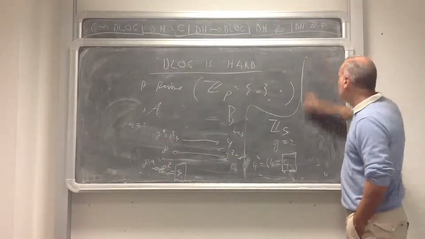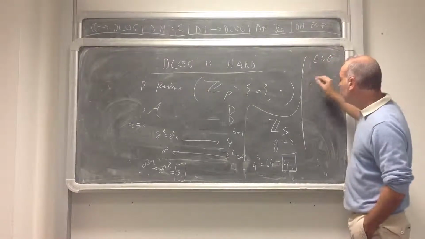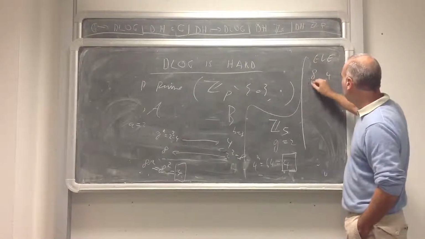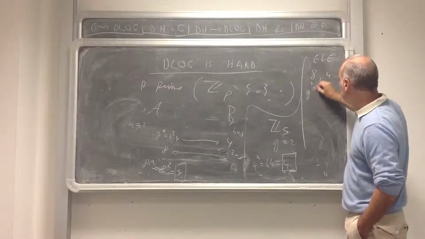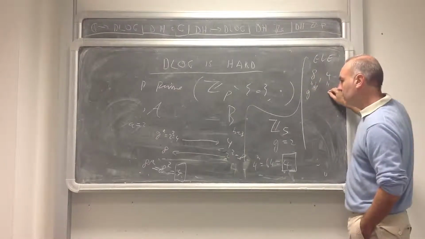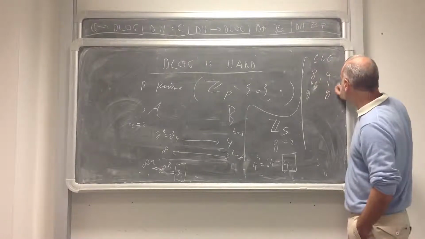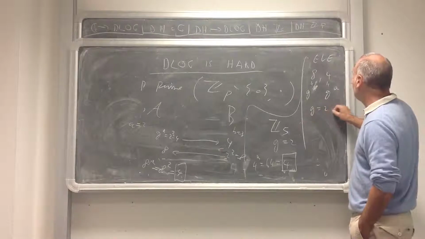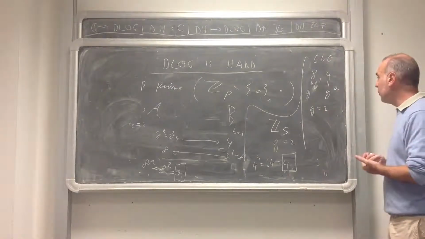What about Eve? Poor Eve knows only 8, knows 4, so G to the B, 4, G to the A, and then G, which is 2. What can Eve do? Nothing.